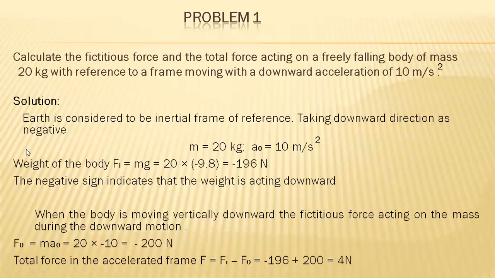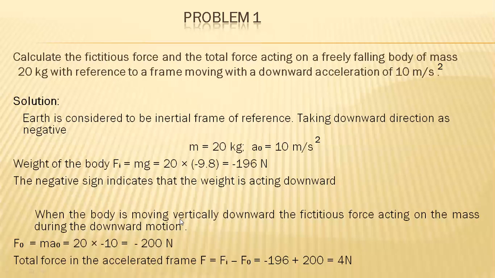The real weight of the body is Fi equals m into g, the gravitational force acting on the body. That is 20 into minus 9.8, which equals minus 196 Newton. The negative sign indicates that weight is acting in the downward direction.